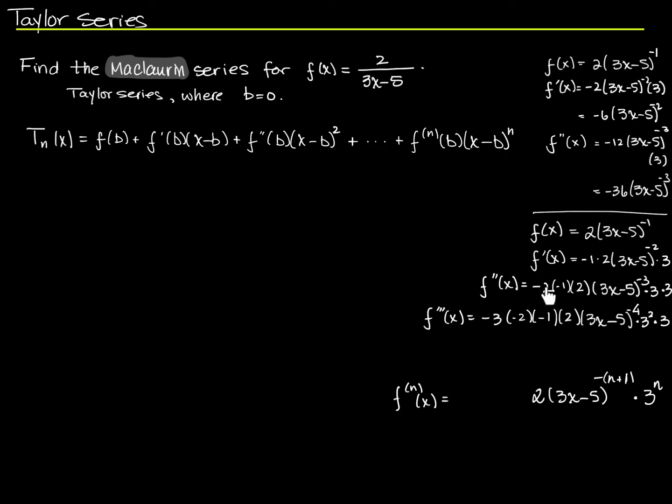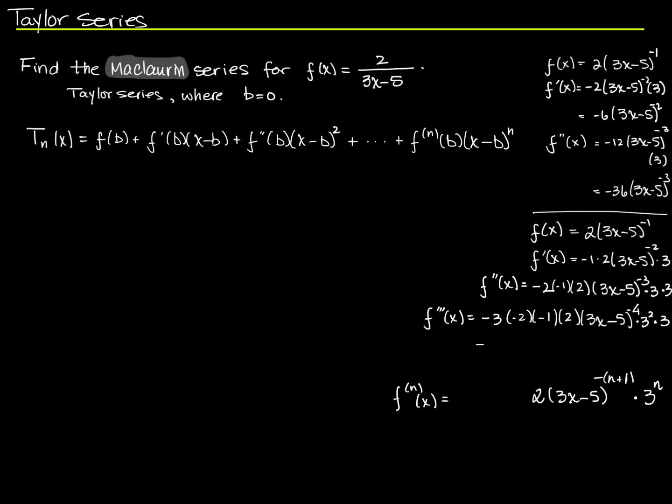The highest numerical value seems to match the derivative that I'm on. So if I'm on the third derivative, the highest value here is 3, numerically. But they're all negative. On one hand, it looks like I have 1 times 2 times 3, which is n factorial. But because they're all negative, there's no way to write that as negative n factorial. That doesn't make sense. So I'm going to change the way it's written here.